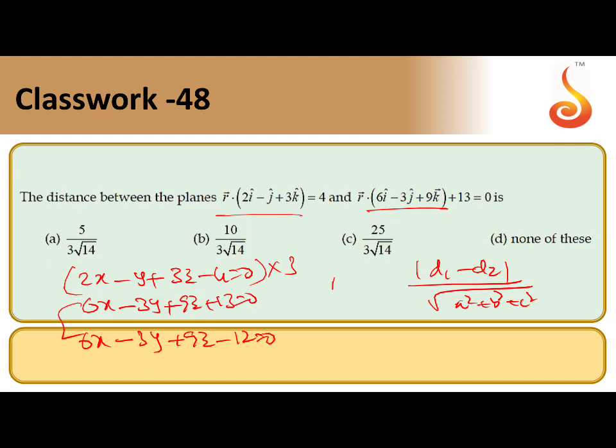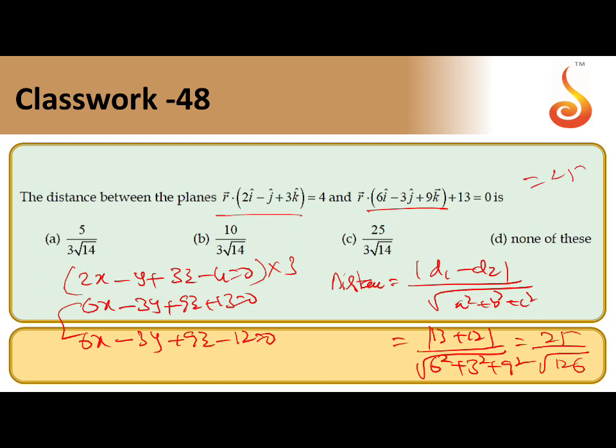So 13 minus minus 12 by root over 6 square plus 3 square plus 9 square. So what do you get here? 25 divided by root over 36 plus 9 plus 81. So root 126. That gives 25 by 3 root 14.